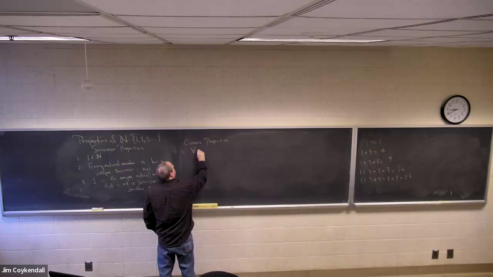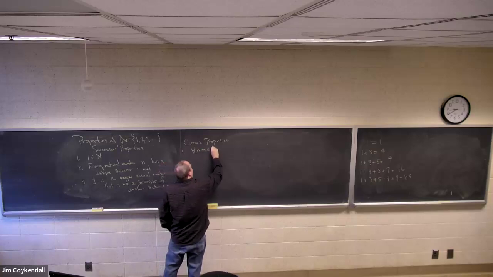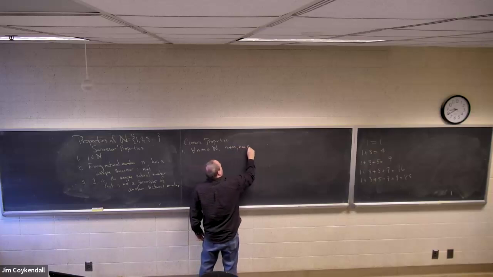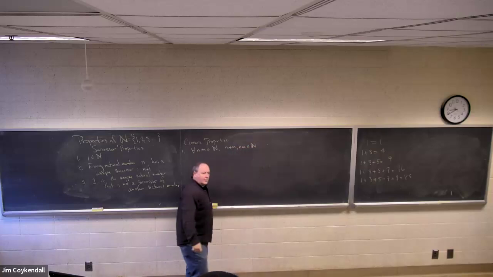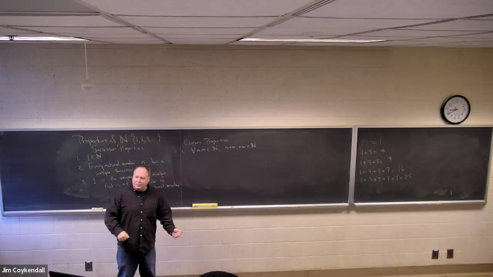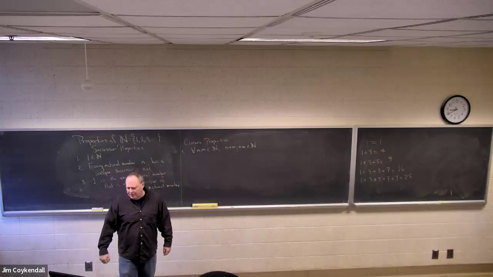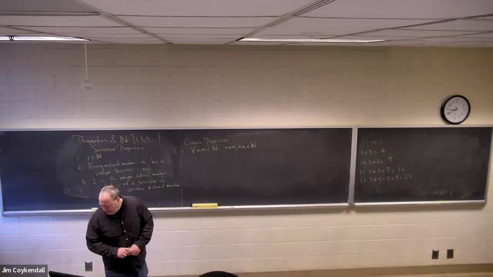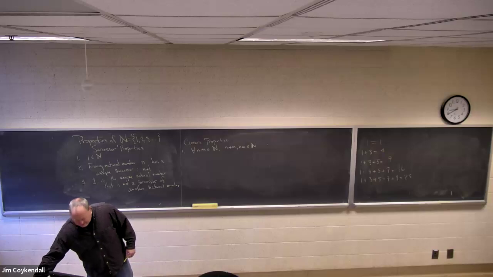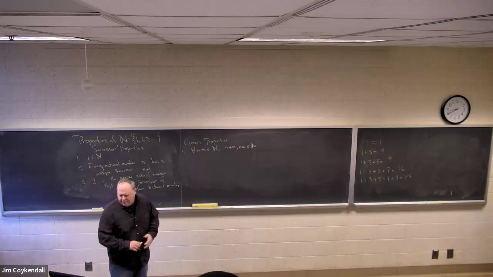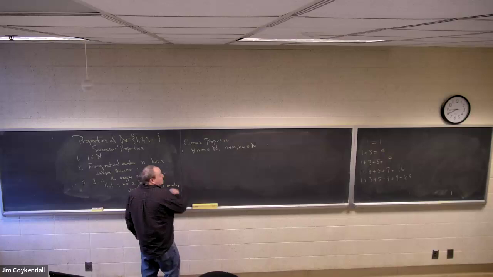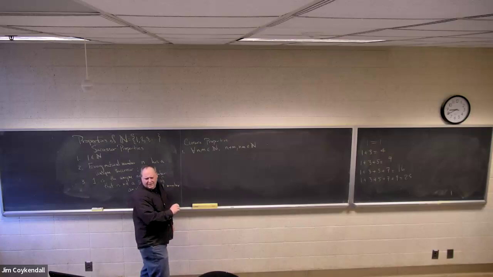For all n, m in the natural numbers, n plus m and n times m are in the natural numbers. That is to say, you can add two natural numbers and get a natural number. You can multiply two natural numbers and you get a natural number. We also have, and I'm willing to bet that at some point you probably yawned at this, but you've seen it before, associativity.